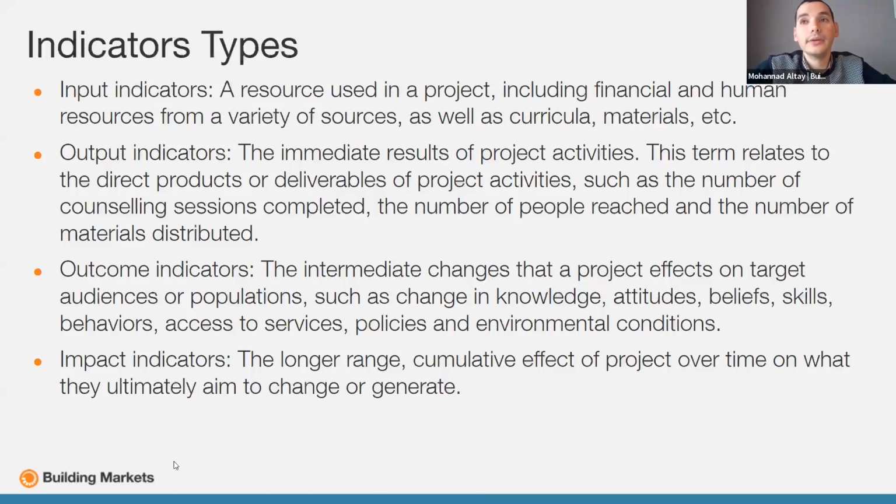This kind of indicator is used for the longer range of measurement, the longer range of change or effect. It is the cumulative effect of the project over time on what we ultimately aim to change or generate.